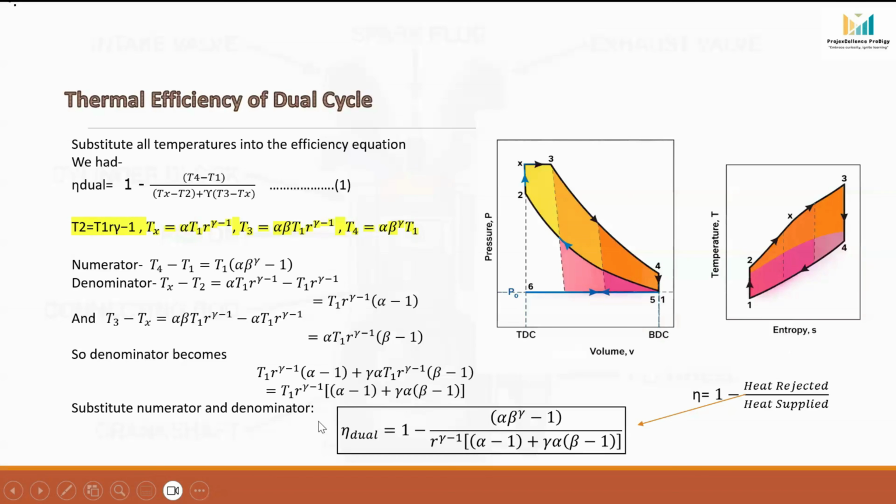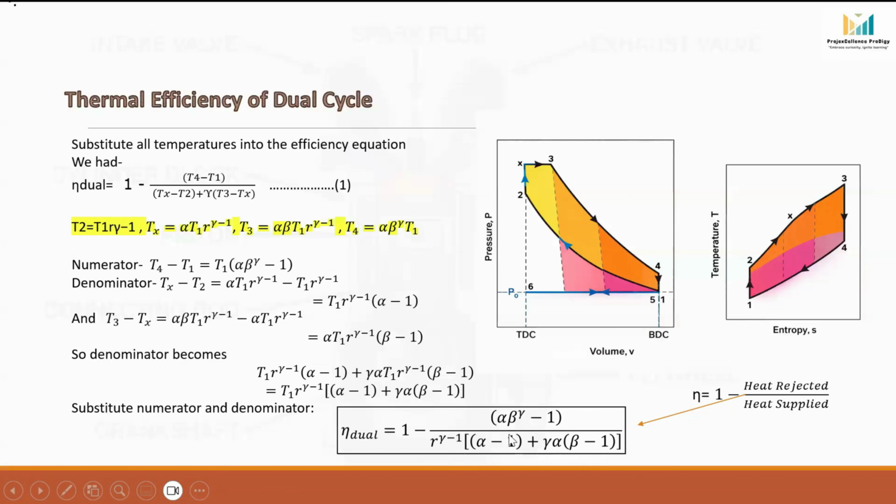If we substitute the numerator and denominator here, our final formula for the efficiency of the dual cycle becomes 1 minus alpha beta raised to power gamma minus 1, whole divided by R raised to power gamma minus 1 in big brackets, alpha minus 1 plus gamma into alpha into beta minus 1.